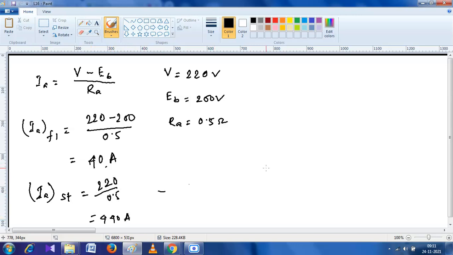So the permissible value through the armature coil is 40 ampere, but at the time of starting the current value is 440. What will happen if we flow 440 ampere instead of 40 ampere?